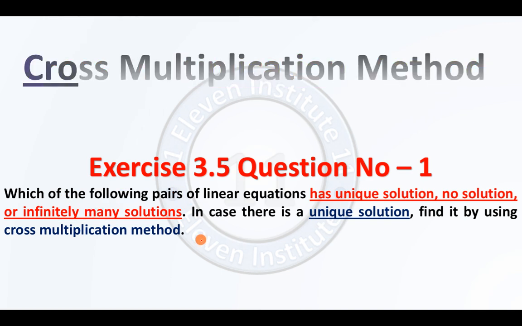Further, in case there is a unique solution, find it by using the cross multiplication method. If you have no solution, that is fine. If you have infinitely many solutions, that is fine. But if you get a1 upon a2 not equal to b1 upon b2, the condition for a unique solution, then you have to solve further with the help of the cross multiplication method. There are four sub questions in question number 1, and let us see number 1.